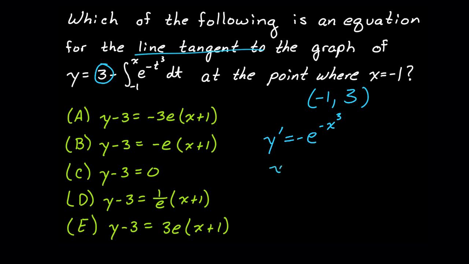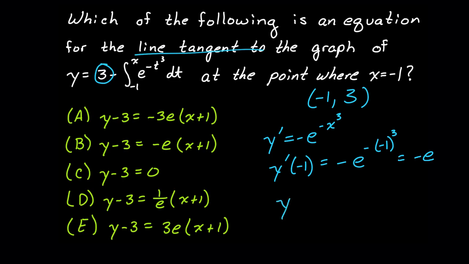And we are going to evaluate this derivative at -1, which means negative e to the -1 cubed. All right, so let's simplify this. -1 cubed is -1, but this turns it into a +1, which means this is equal to just negative e.